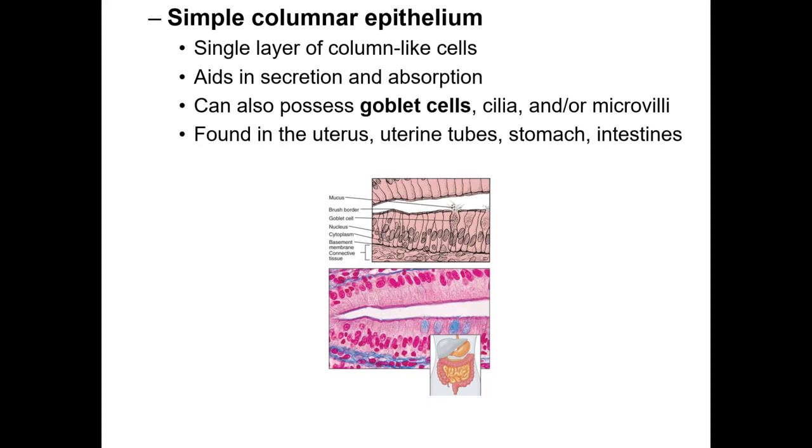Goblet cells produce protective mucus coatings over the mucous membranes. These cells have an expanded apical end filled with secretory vesicles. Their product becomes mucus when it is secreted and absorbs water.